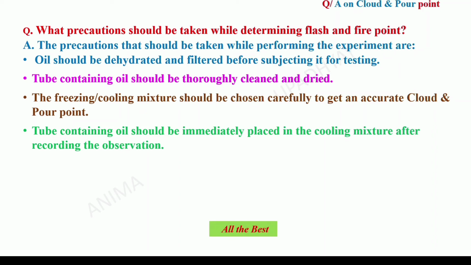The tube in which the oil is taken should be thoroughly cleaned and dried. The freezing or the cooling mixture which is chosen to perform the experiment should be chosen carefully to get accurate cloud and pour point. And the tube containing the oil should be immediately placed in the cooling mixture after recording the observation.